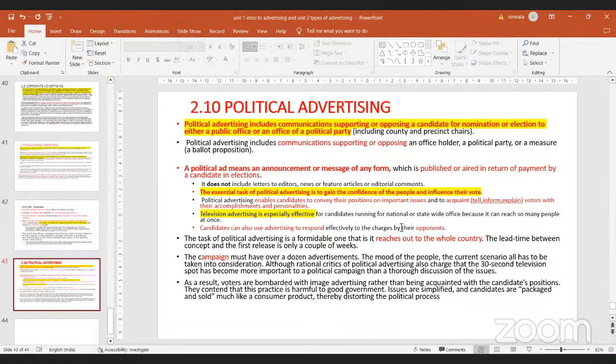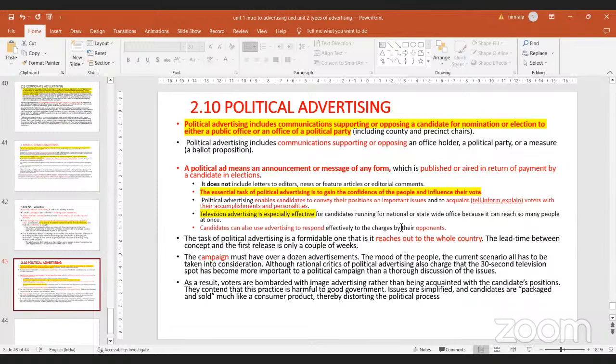So here, the essential task of political advertising is to gain the confidence of the people and influence their voting behavior during the elections. It enables the candidate to convey their positions on important issues, their opinion or their standpoint on different issues.